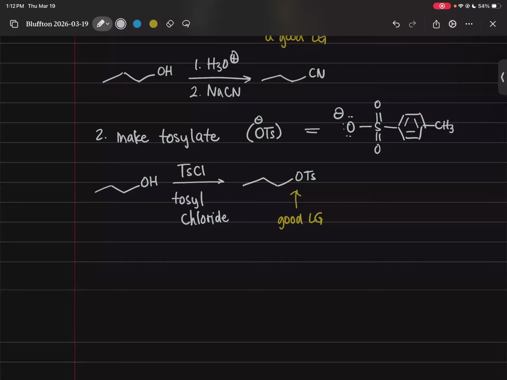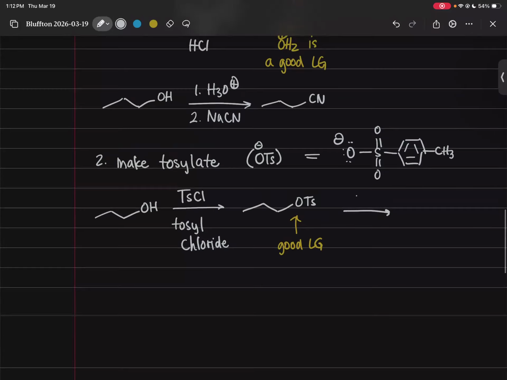And now we can do just what we did above, which is add a nucleophile. Let's do something other than cyanide. Let's do ethoxide, and so that swaps our tosylate group for our ethoxide group.